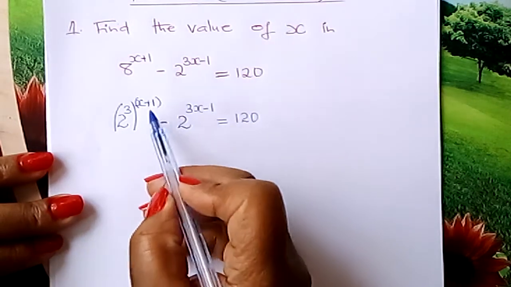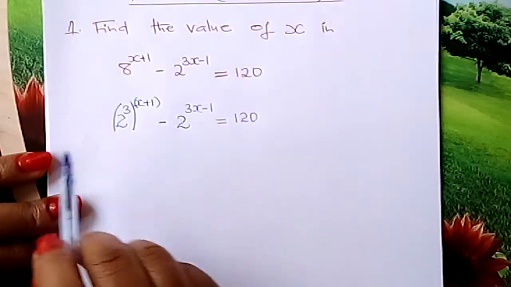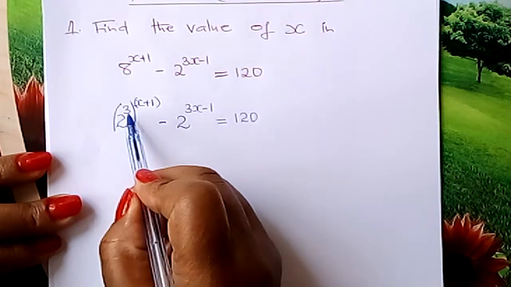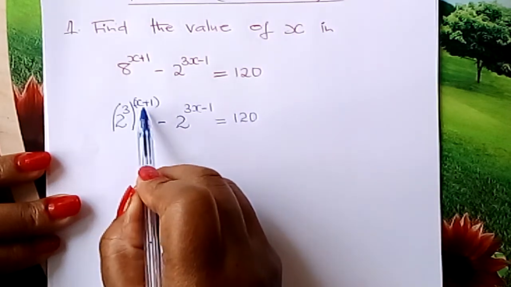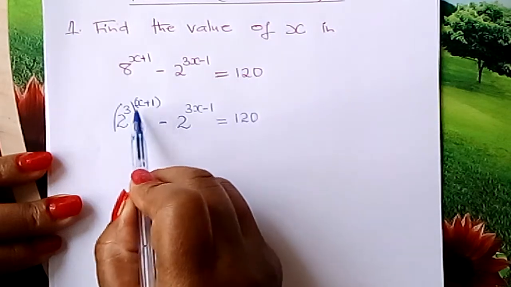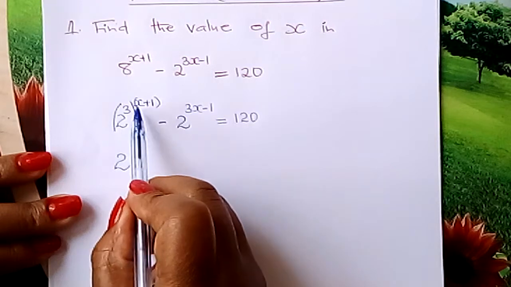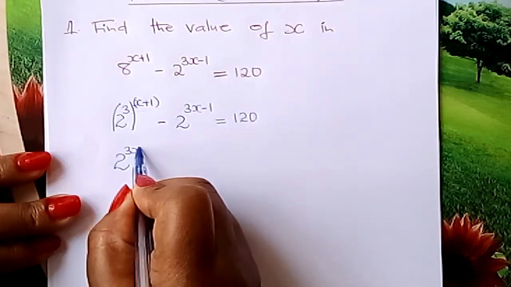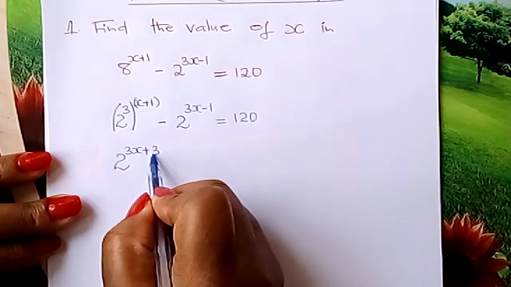Then from there, learner, after expressing these two terms using a common base, and that is 2, multiply the powers here. When you have a power raised to another power, according to the laws of indices, you multiply these powers. And therefore, this becomes 2 raised to what? 3 times x is 3x plus 3 times 1 gives you 3.